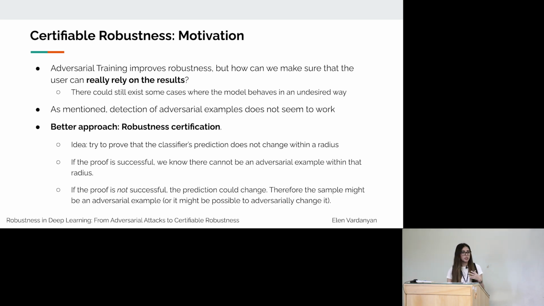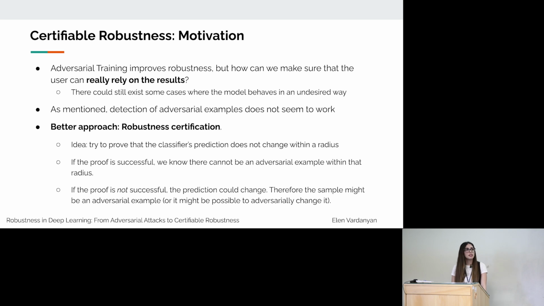Why am I saying this? Because in adversarial training, even though it generally improves the robustness, there could still exist some cases where the model is not performing very robustly, so it's giving wrong classifications.